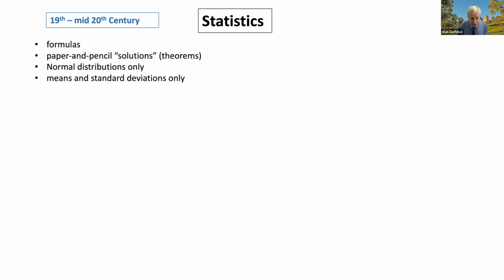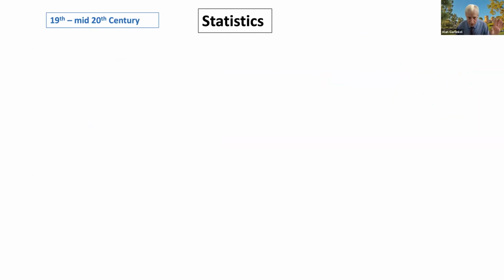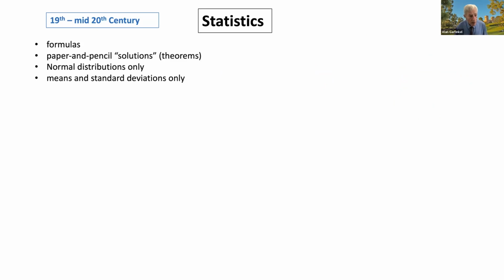So in the 19th to mid-20th century, no computers, formulas. We get proof theorems, but it's tough to prove theorems. So we have to make crippling, trivializing assumptions that everything in sight is a normal distribution, and we're only going to talk about the means and standard deviations.